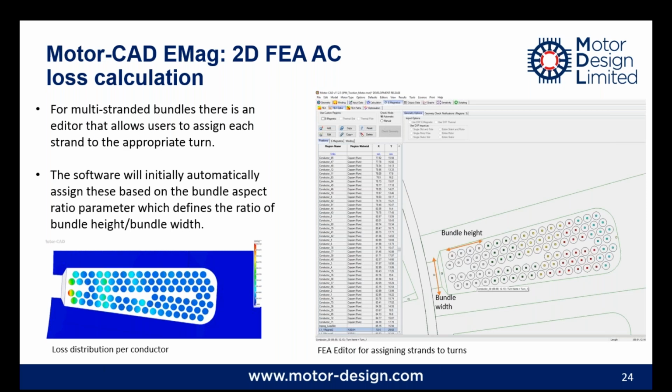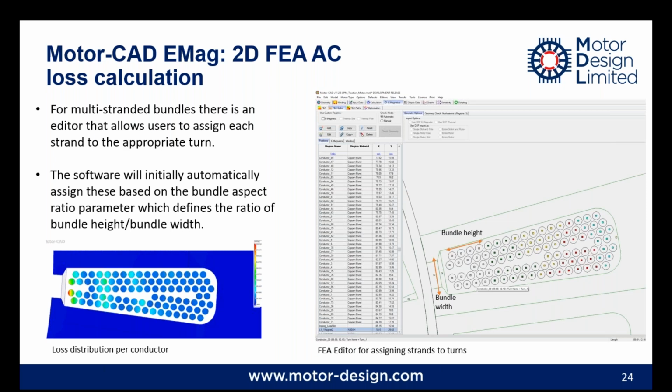In Motor-CAD, we've got an editor which allows us to automatically generate an initial distribution which assigns each individual strand to a turn, but then it allows users to vary that as well and play around with the shape of the bundle and the ratio of bundle height to bundle width. And as I mentioned before, that can make a really significant difference to how big the AC losses are, particularly if you're looking at this kind of slot opening area.